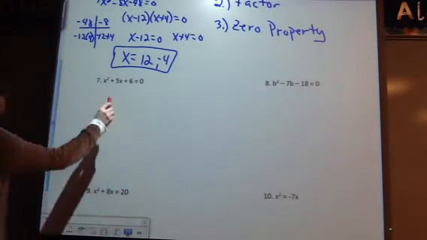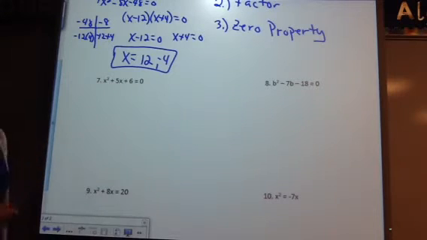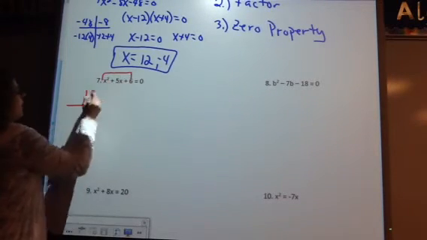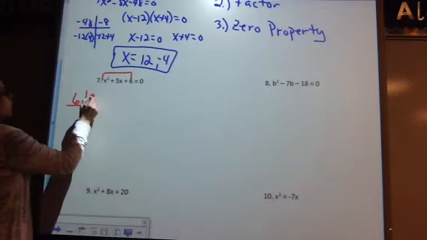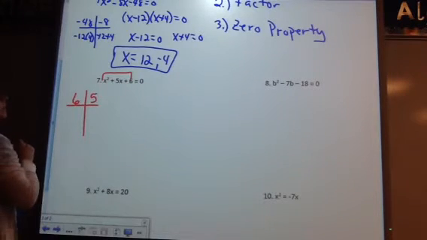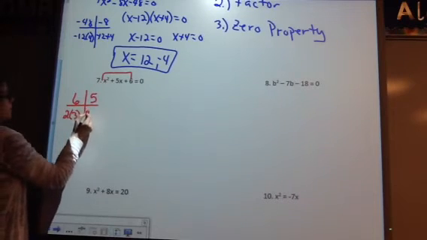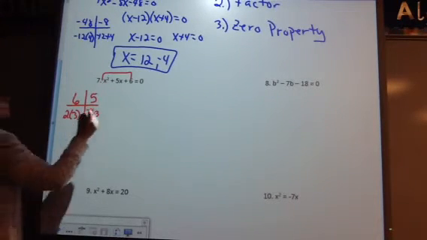Okay, so this one's already set to 0, and we need to factor. So when I multiply, I get a positive 6, but when I add, I get a positive 5. So that's going to be 2 times 3 and 2 plus 3.